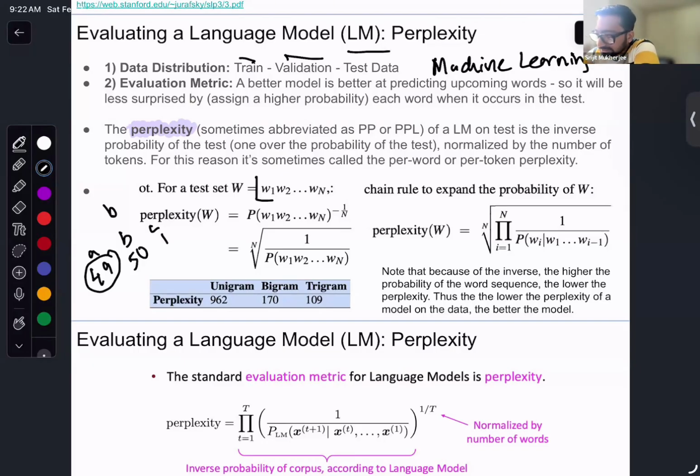Now, given this test data set, W1, W2, these are the new words to be predicted. What do you want?